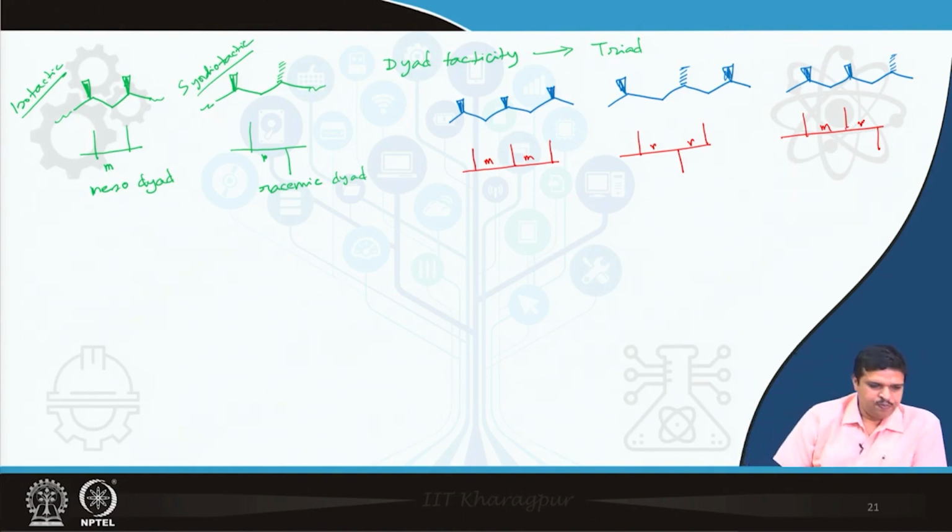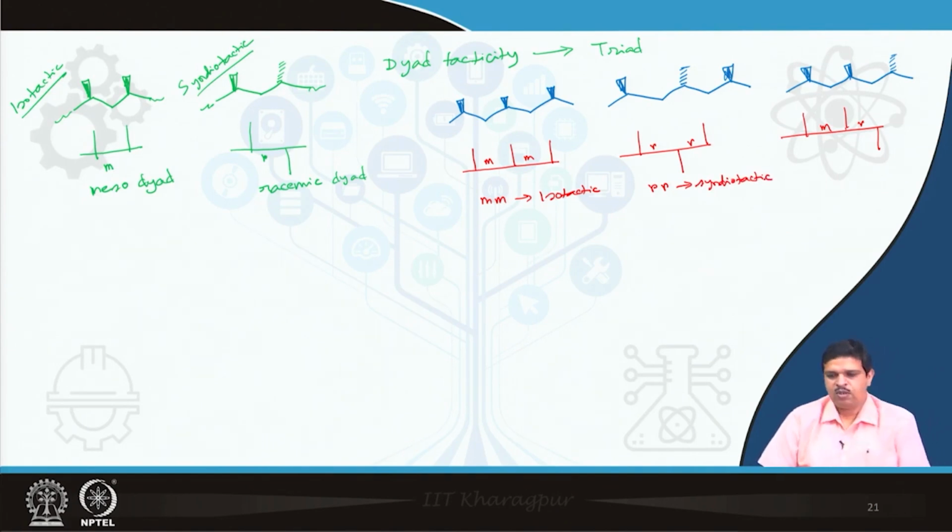So, here you will see M, M. This is an isotactic triad. This is R, R, so this is basically syndiotactic, and what is this? Obviously, this is atactic. This is M R.